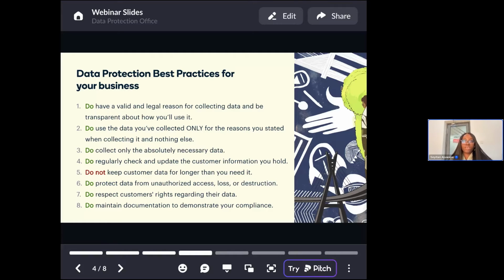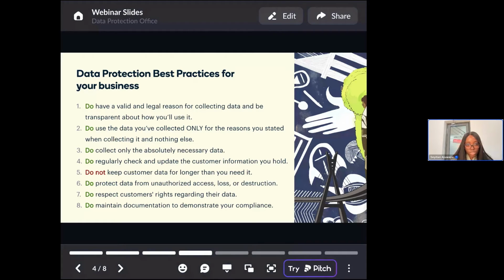They can reach out to say they want you to correct the data that you're holding. They can reach out to say that they want you to transfer their data to another processor. They can reach out to you to say that they no longer want you to process their data. But in any case, you must make sure that you have a process for data subjects to be able to reach you about their data.